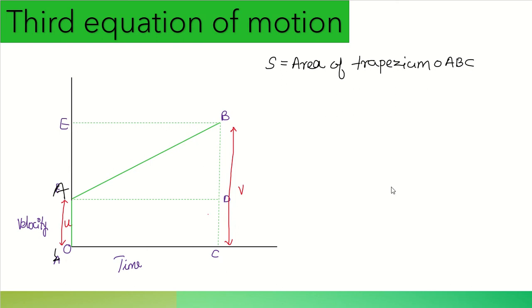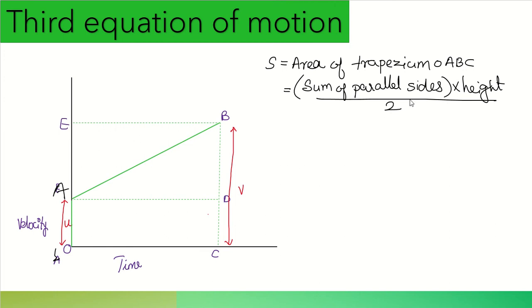OABC. So how do you find the area of the trapezium? What is the formula for the area of a trapezium? If you don't know, I'll give you the formula now. Sum of parallel sides into height, I'll tell you what this height is, the whole divided by 2.